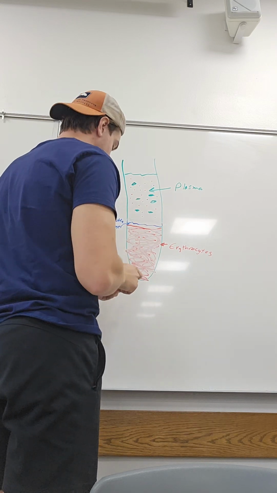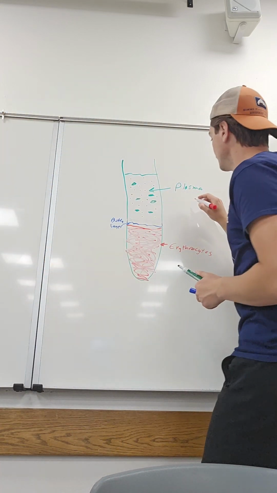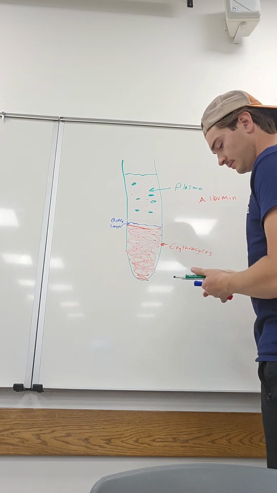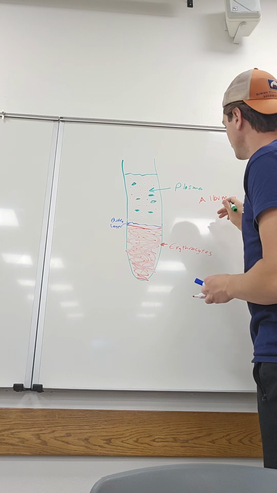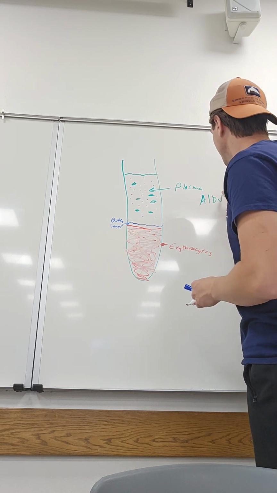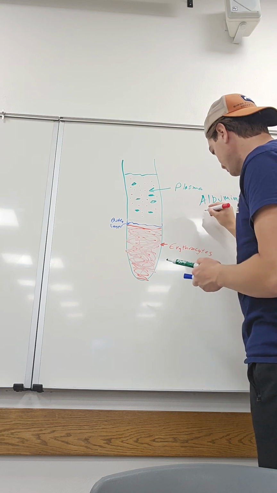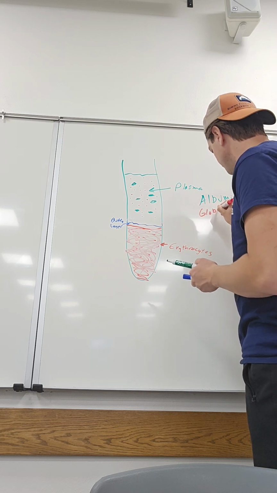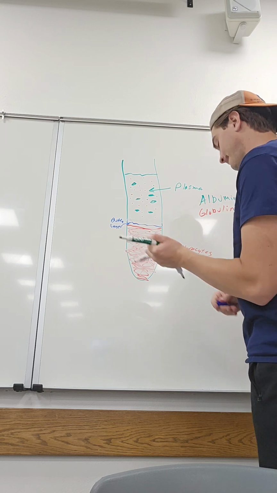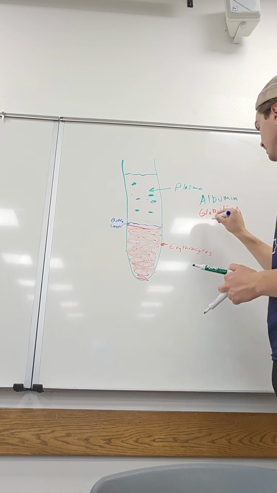Okay, 3 types of proteins within plasma primarily are albumin, drew with green, globulins, and fibrinogen.